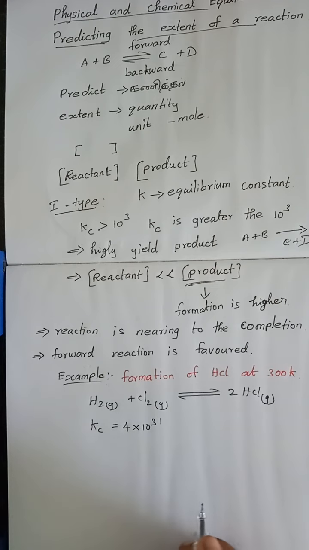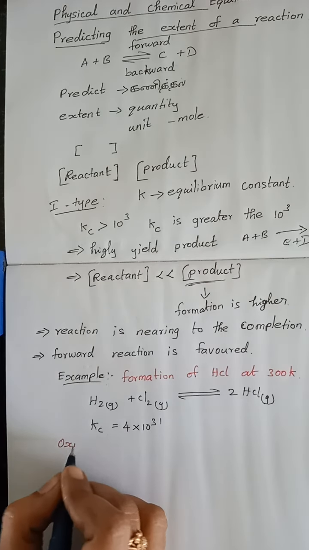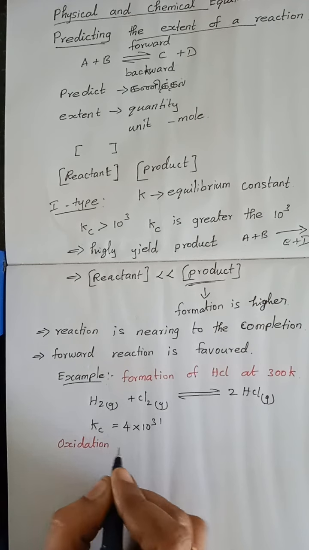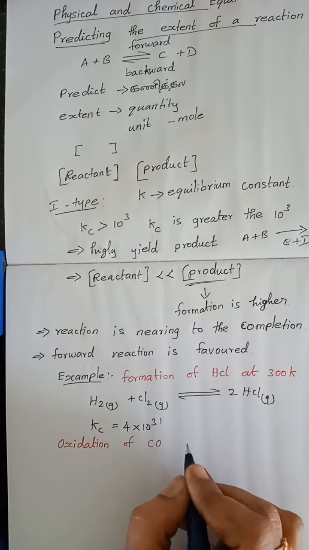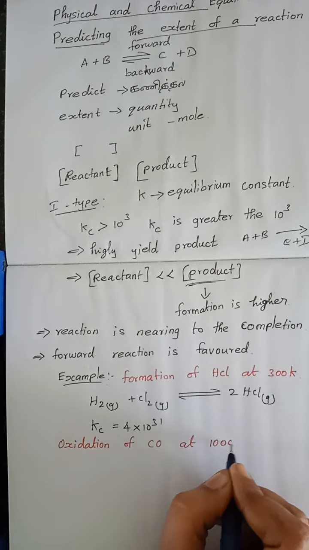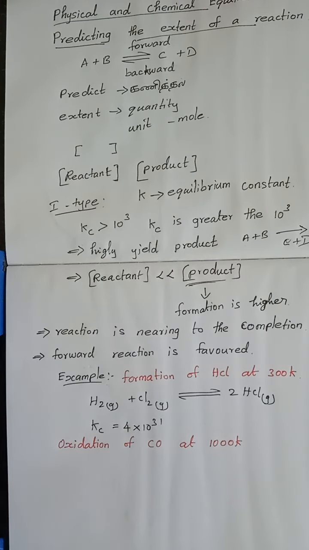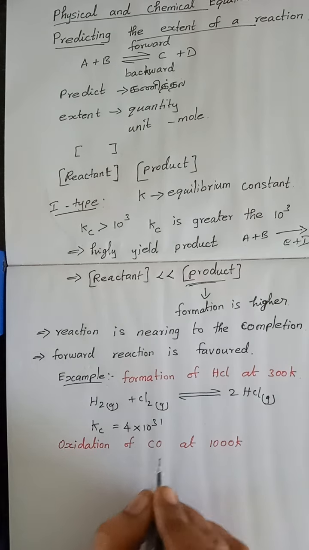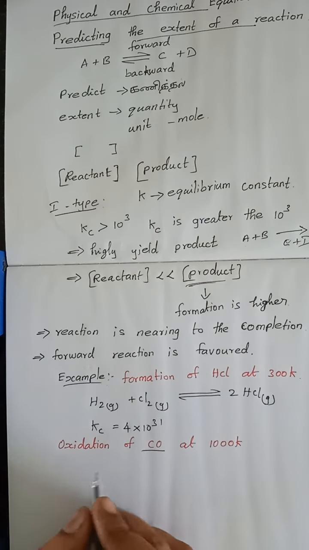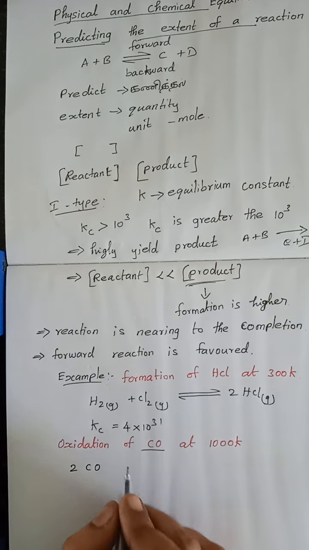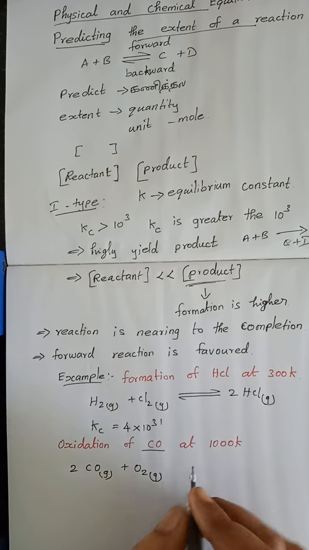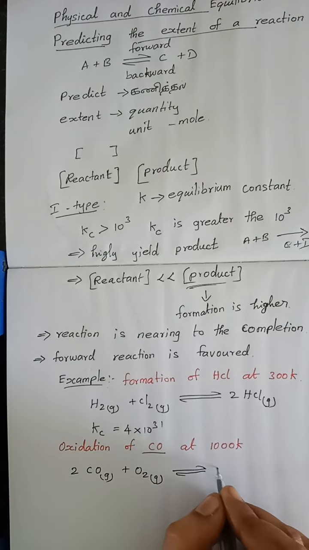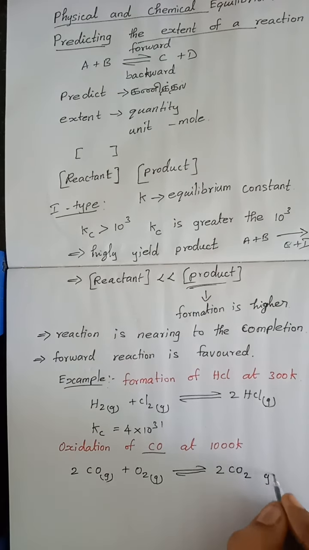Okay, children. Then next, in the second example, oxidation of carbon monoxide at 1000 Kelvin temperature. So what is this reaction? 2 moles of carbon monoxide gas molecule react with oxygen gas to give the formation of 2 moles of carbon dioxide gas.